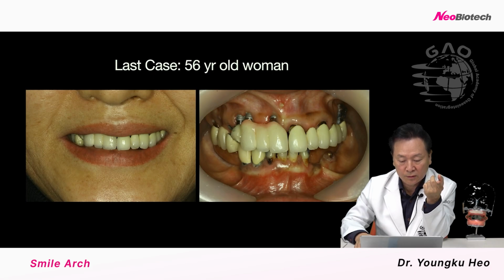Okay, I'll show one more case, to show how to scan intraorally after the surgery. Okay, so this is the patient. So on the same day, we place the upper and lower implants, everything after extracting all the teeth.